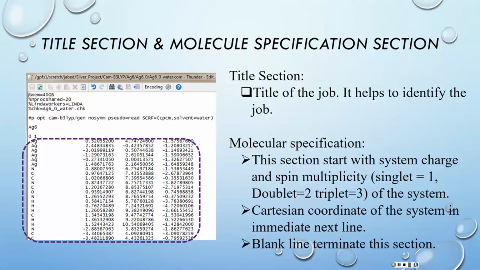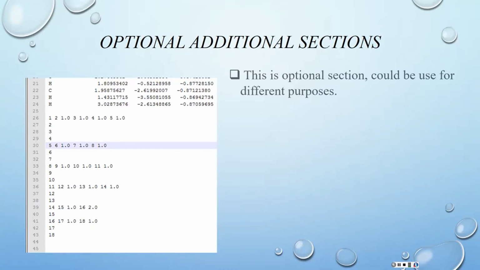In the following lines, immediately after, we give the Cartesian coordinates of our molecular system. If we want to use the molecular geometry from the checkpoint file, we don't need to put in these Cartesian coordinates. We can just keep that line blank, and a blank line will terminate this section. Then we need to put another command in the route section, geom=check, so Gaussian will read this section from the checkpoint file.